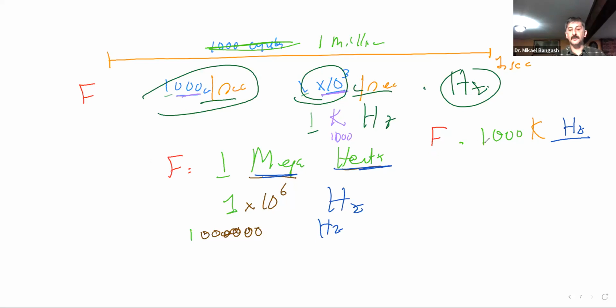So 1,000 kilohertz is actually going to make up 1 megahertz. Now it's not really rocket science, because kilo is 10 raised to the power 3. Your 1 here is 1, and this 1,000 here is going to be another 10 raised to the power 3.